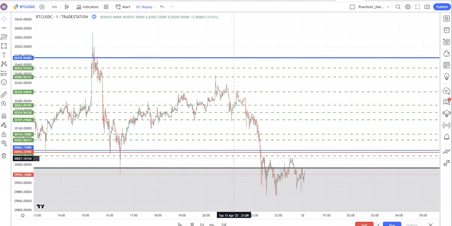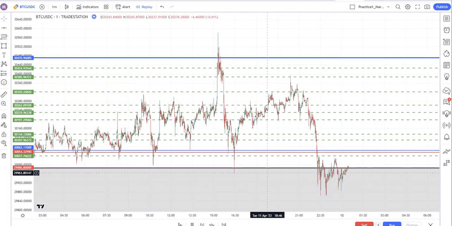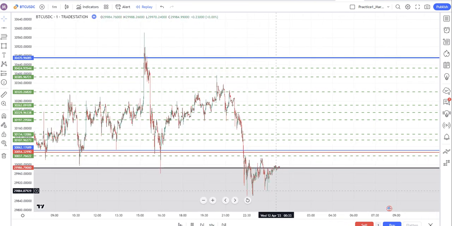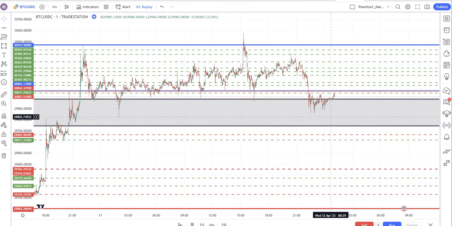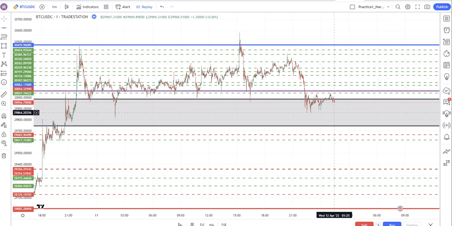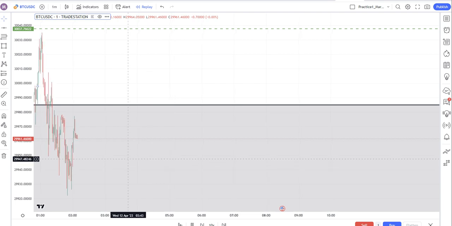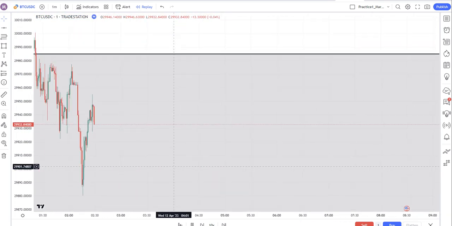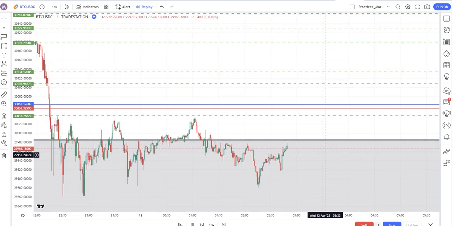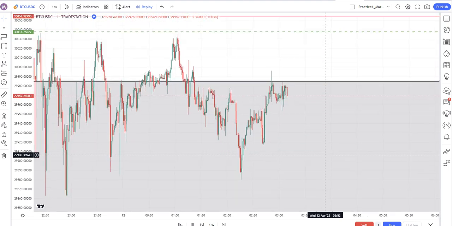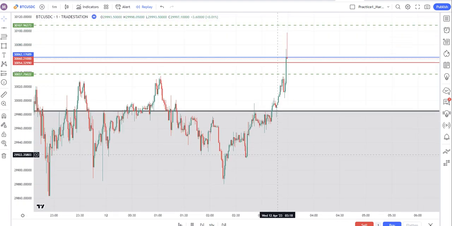Yes, price is there, doing its thing, trying to consolidate. You see, the price has this series of big jumps and then consolidation. It makes some big moves, then rests a little bit, then makes another big move, then rests a little bit. This is how BTC works.